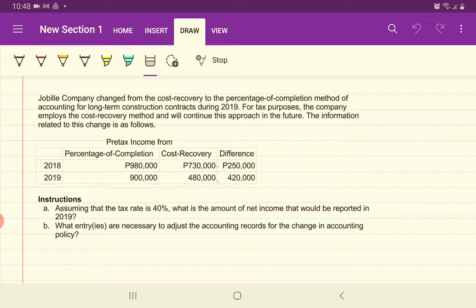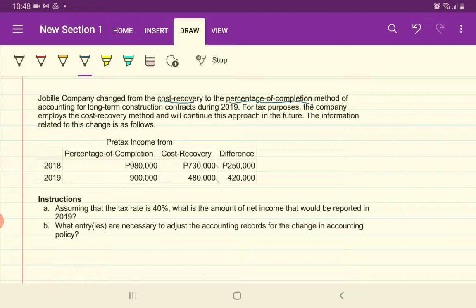So, this is still a change in accounting policy. We have here Jubel Company change from the cost recovery. By the way, ang detailed jud ng cost recovery o percentage of completion is gutan nato na siya dito nun sa accounting for special transaction. So, si Jubel, nag-change siya from cost recovery to percentage of completion method.